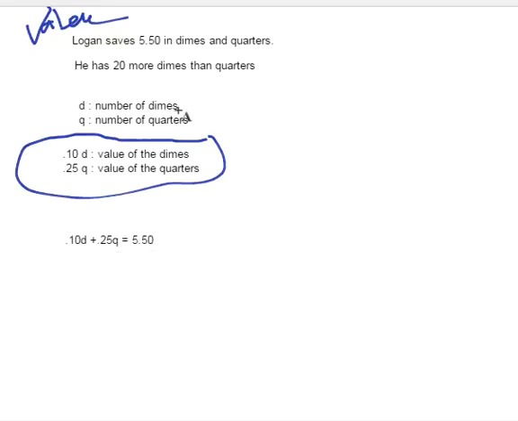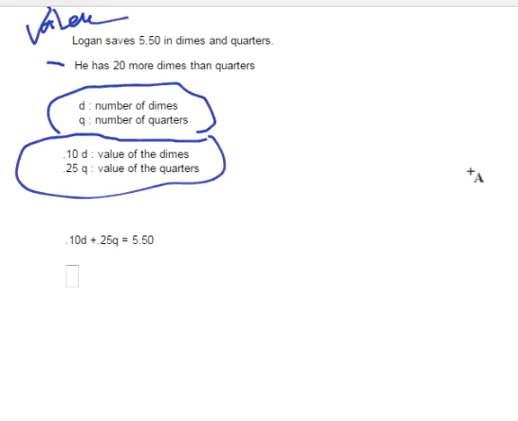Then we're going to make another equation based on this second statement from the problem. He has 20 more dimes than quarters. Okay, so this one we're not talking about value. We're talking about the first set of variables that we made. 20 more dimes than quarters.